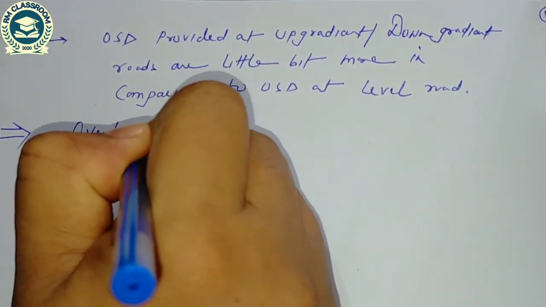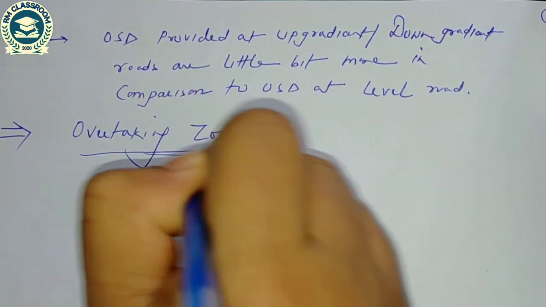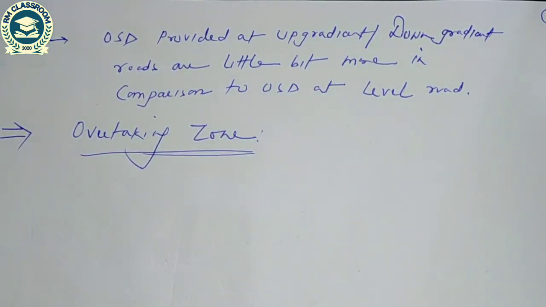Now I am going to discuss overtaking zone. In overtaking zone, IRC has suggested the minimum length of overtaking zone and the desirable length of overtaking zone.